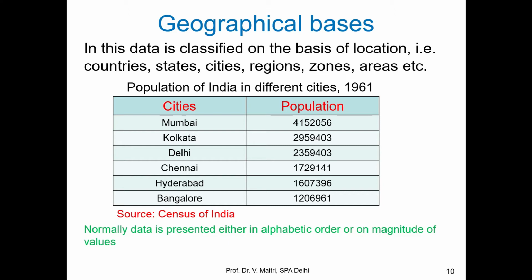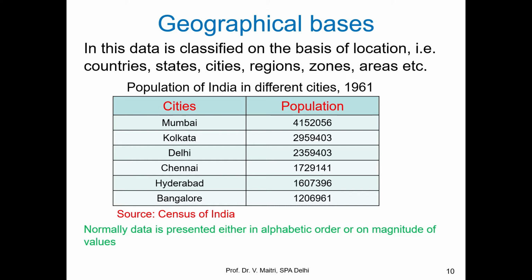A simple example is the population of India in different cities in 1961. This is old data. Mumbai is leading, then Kolkata, Delhi, Chennai, Hyderabad and Bengaluru, and the source is the Census of India. But one thing we should take care of: normally we present data either in alphabetic order or in the magnitude of the value.